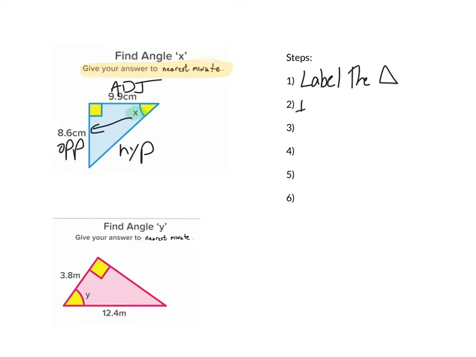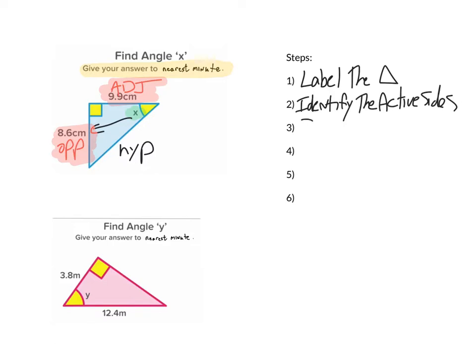Step 2 is to identify the active sides. Here, the active sides are the opposite and the adjacent. Active sides are the sides for which you have information about.